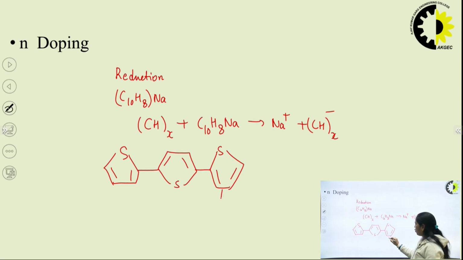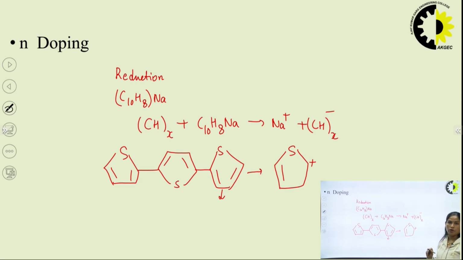One positive charge occurs in this system if one electron is donated, and one free radical ion is formed, and this species is known as polaron.